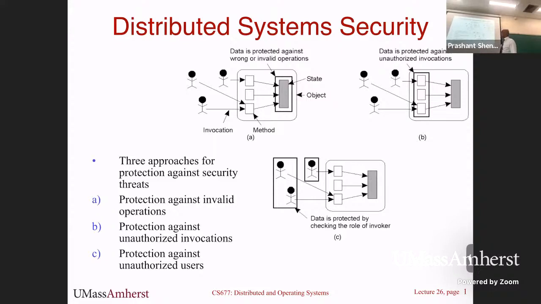So that's unauthorized. There's of course invalid, which means that you probably make a call that doesn't even make any sense. That's something you want to protect against. It might cause other problems like buffer overflows and things of that sort. And then the last one is to protect against unauthorized users, which are users that are not allowed to access that service. Okay?